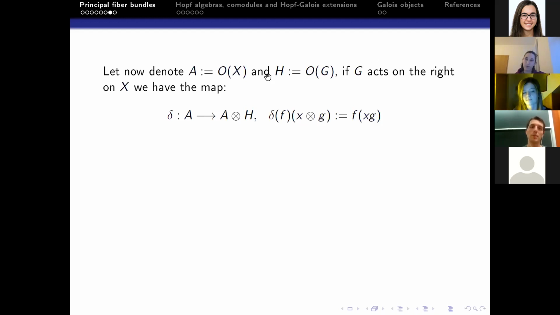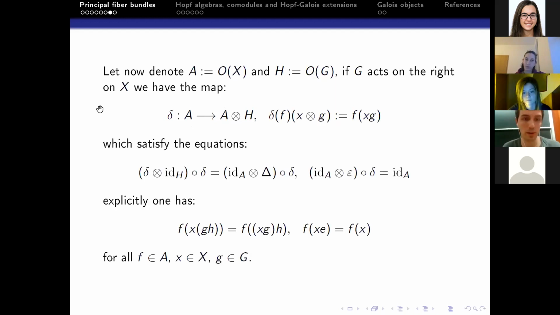So the action of G on X gives this map from the algebra of functions over X to the tensor product, where H is the algebra over G, and is just given by the action we wrote before. The property of the map delta is the following: if we take the product in the group and then act on the space, it is the same as acting on the space first with G and then with H.